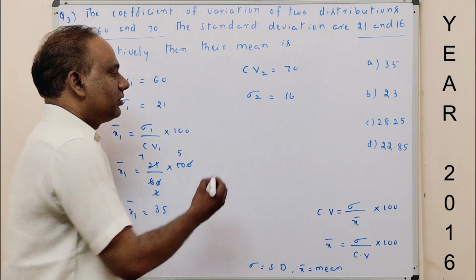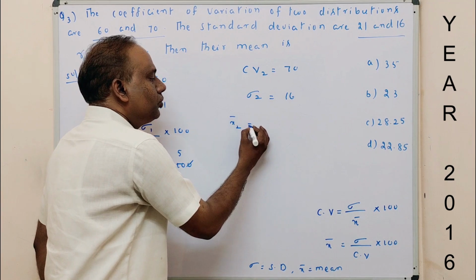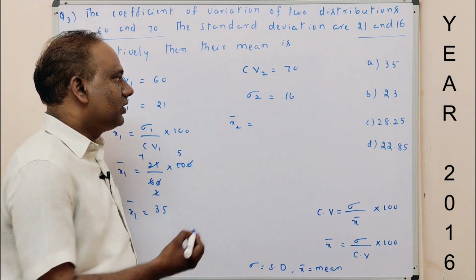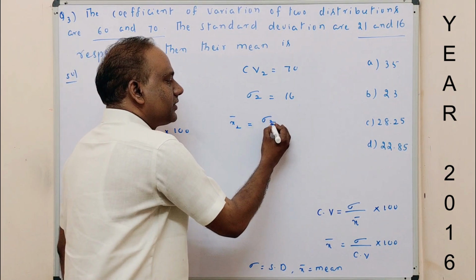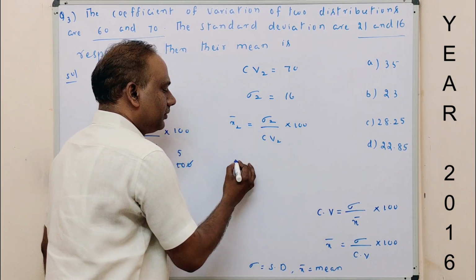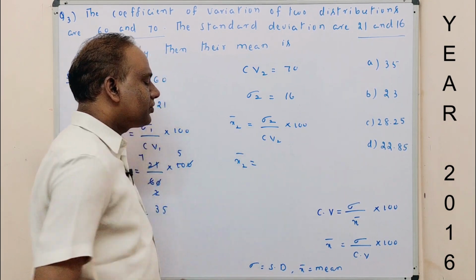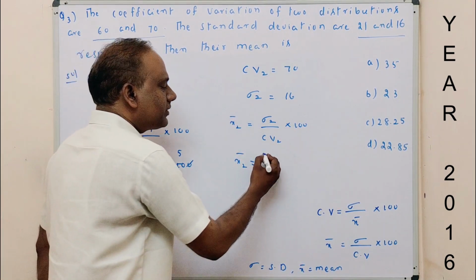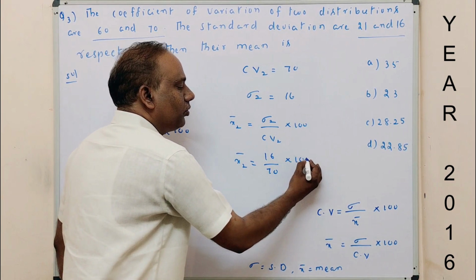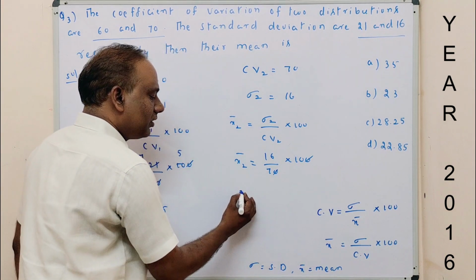So here x2 bar is equal to the mean. The formula is sigma 2 by CV2 into 100. So x2 bar is equal to sigma 2, which is 16, by 70 into 100. Here 0 and 0 cancel.